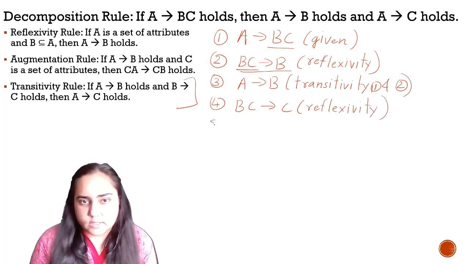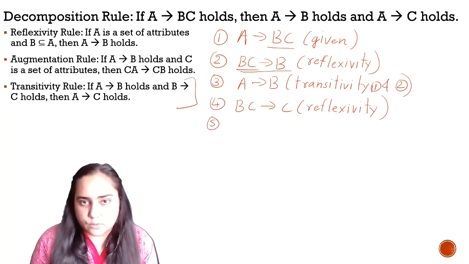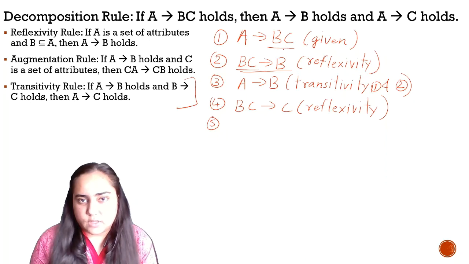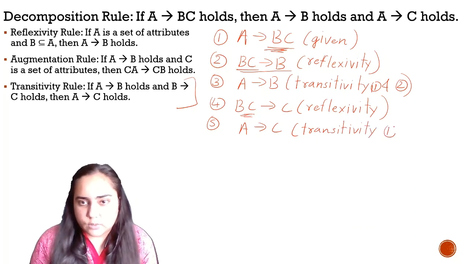And once that is done, I can once again apply my transitivity rule here using number 1, where BC is on the right, and number 4, where BC is on the left, which results in A determines C. So this is once again a transitivity rule applied to number 1 and 4.